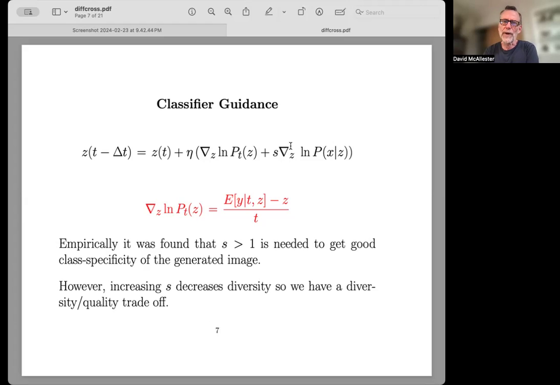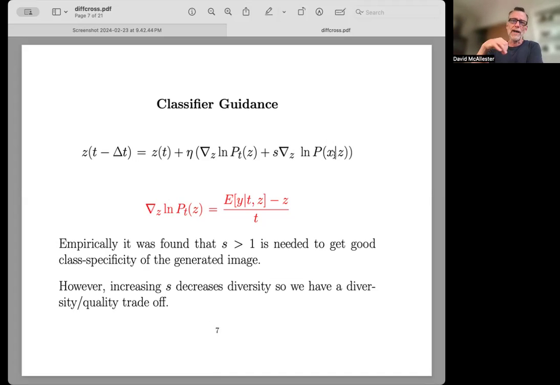Now, there's another thing to point out, and that is that as you increase S, as you put more and more weight on this term, you tend to get higher quality images because you're looking for an image that's easily classified, say, as a dog. You're looking for an image that's obviously a dog. And as you look for an image that's obviously a dog, you get a prototypical or very good dog image.